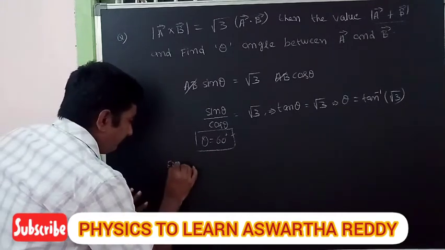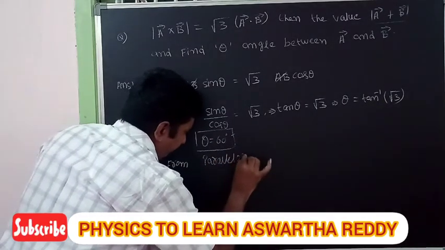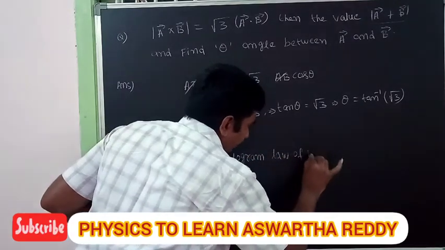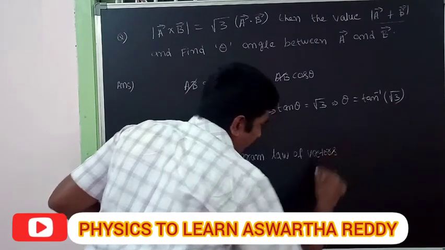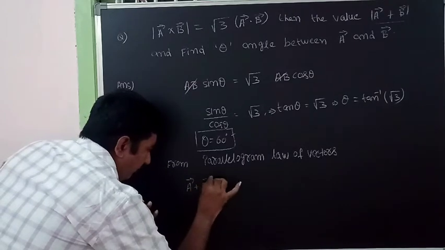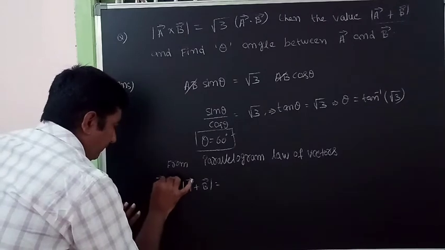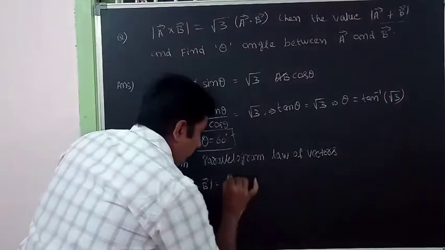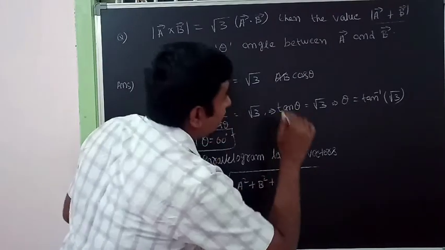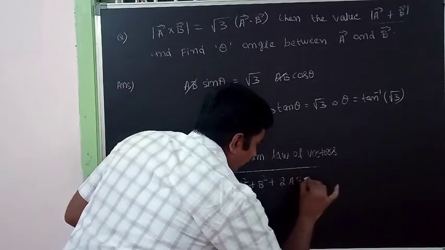From the parallelogram law of vectors, the modulus of A vector plus B vector, that is R, the magnitude of R vector, is equal to root of A square plus B square plus 2AB cos theta.